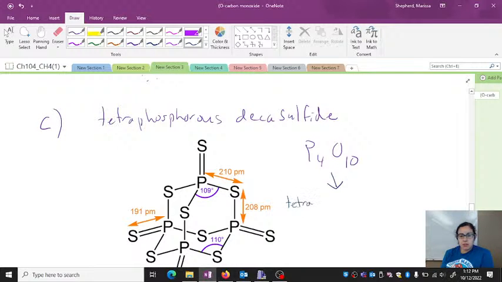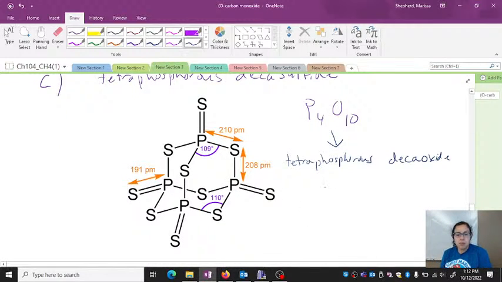Tetraphosphorus, right? And then what about the last part? Deca, except for the spelling. So this one has decaoxide.